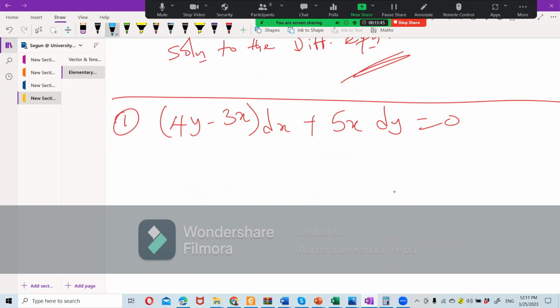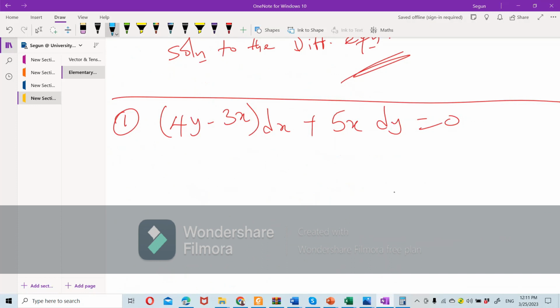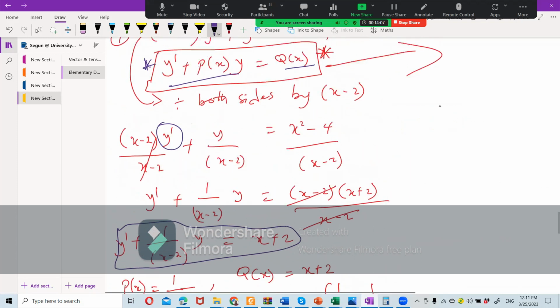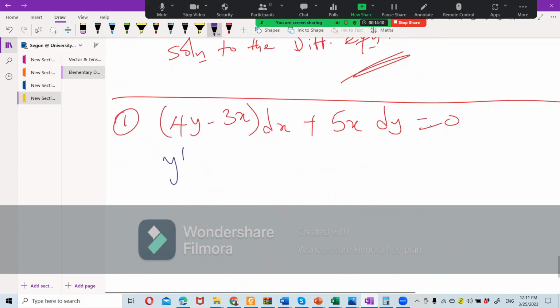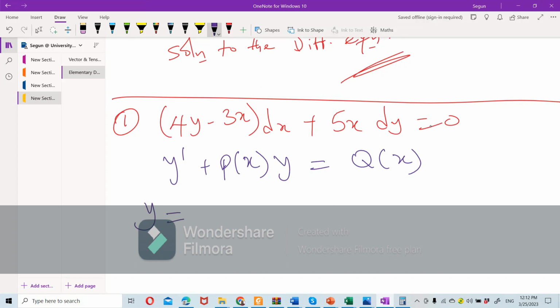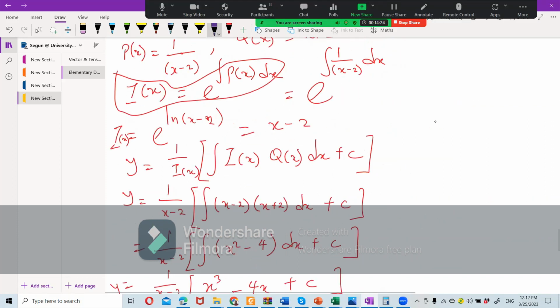Let's look at this. The general equation that I told you says the general equation is y prime plus p of x times y equals q of x. Let me write these two equations that you will need so that you will understand. Your y is the same thing as 1 all over the integrating factor I of x, times the integral of I of x, q of x, dx, plus c.